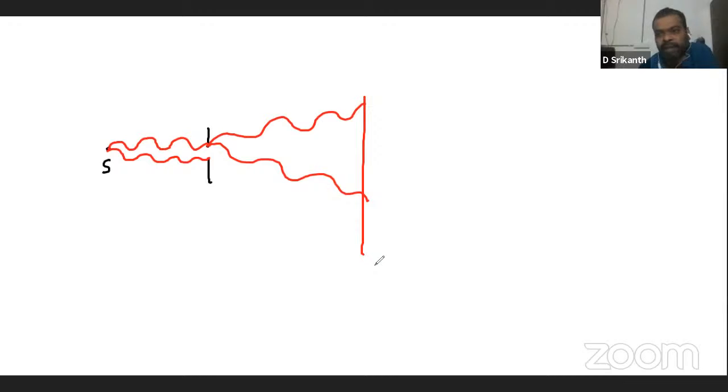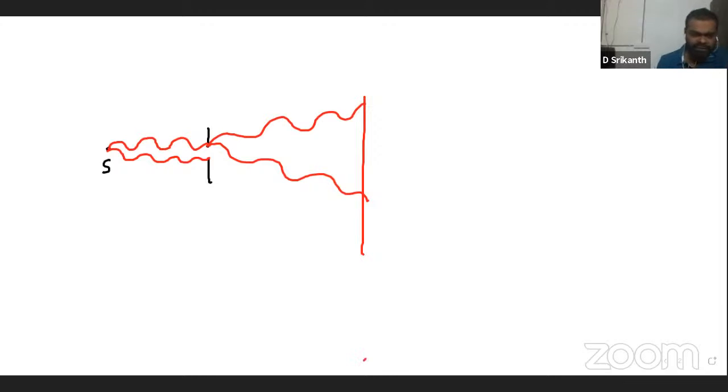This phenomenon is called diffraction. The phenomenon of traversing of the light ray when it is incident on any optical instrument is called diffraction.